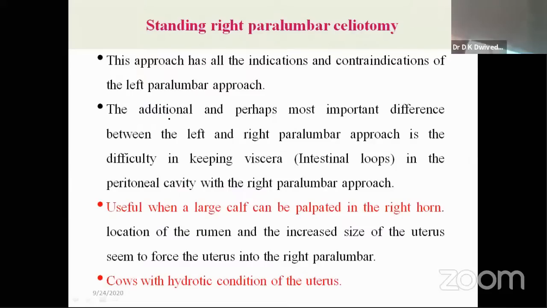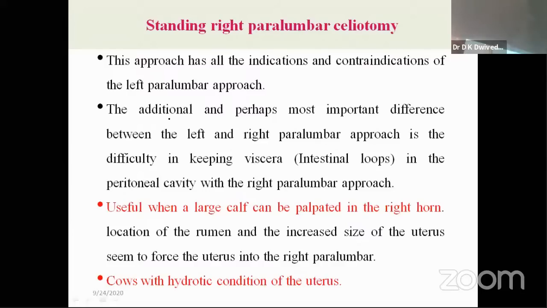So this approach is only useful when you can palpate a large calf in the right horn. In that condition only, you can opt for the standing right paralumbar ciliotomy approach.